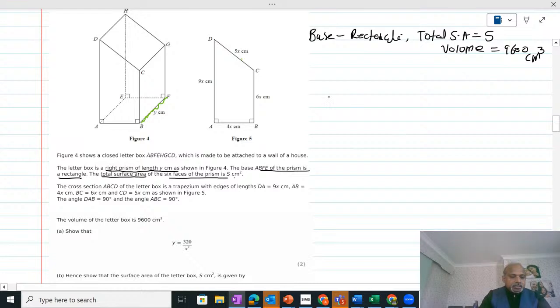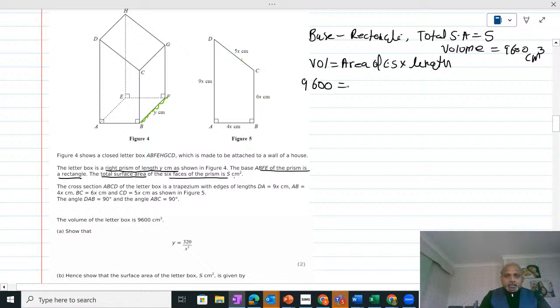We know volume is area of cross section times length. So our volume is 9600. For the area of cross section, this is a trapezium, so area is half times the sum of parallel sides times height.